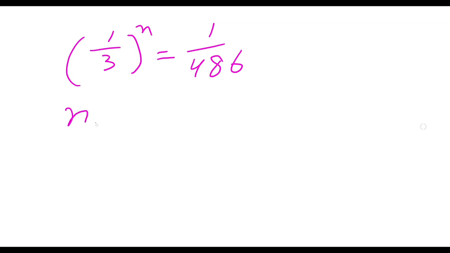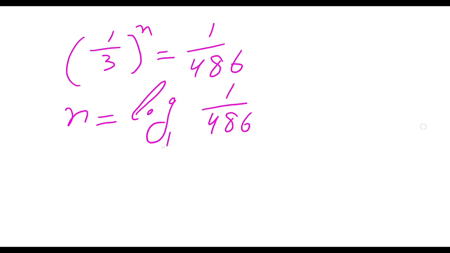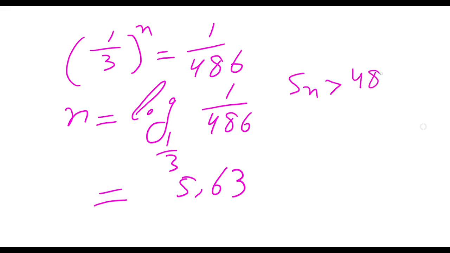So n I need to find. N is equal to log of 1 over 486 to the base 1 over 3. I use my calculator. The answer is 5,63. Now I need to round off the answer because Sn greater than 485.